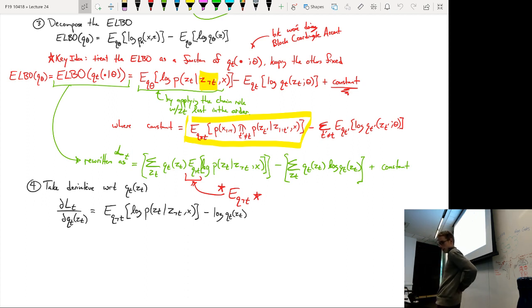All right, so the key observation here is that I'm taking this derivative with respect to a specific value ZT.